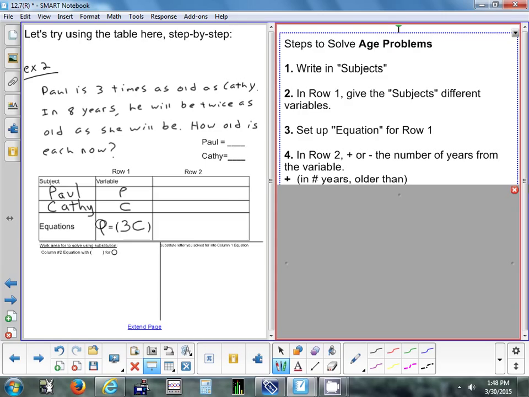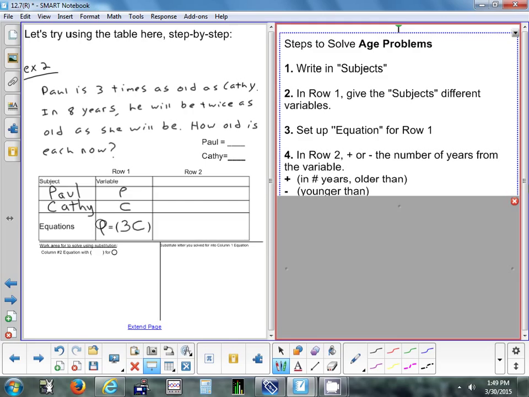All right? Those are all adding words. If we're going to add to that variable that's already there for the 2 subjects. We also get subtraction, right? If we have younger than, we want to use subtraction. All right? So in row 2, we'll plus or minus the number of years from the variable.